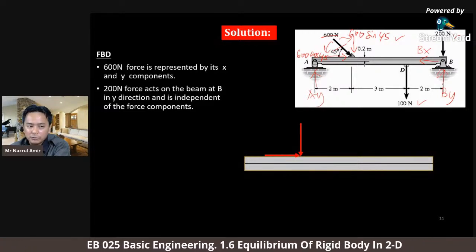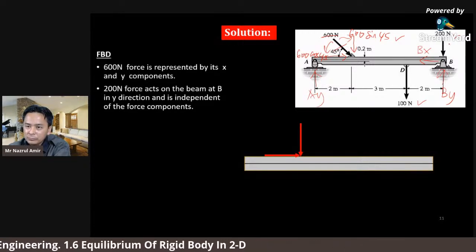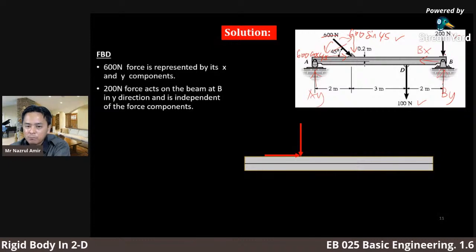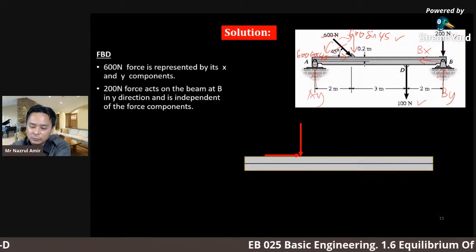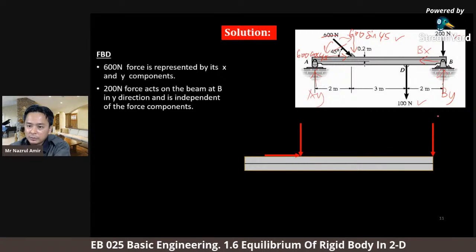Independent of the force component means the 200 Newton only exists in Y direction, so the component Fx is equal to 0. So it doesn't need to be resolved. You just put 200 Newton downward.